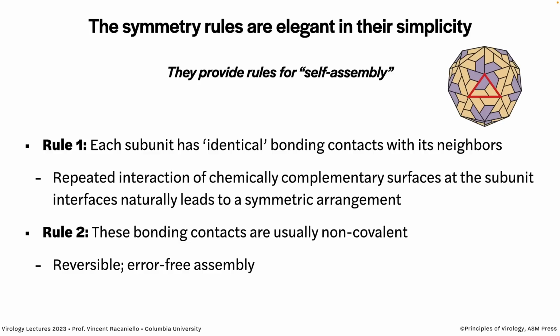And so there are two rules that we understand now for building virus particles. They explain how virus particles basically self-assemble. You just make the proteins and they assemble themselves. First of all, rule one, every subunit has identical, and I have this in quotes, you'll see why in a moment, identical bonding contacts with its neighbors.